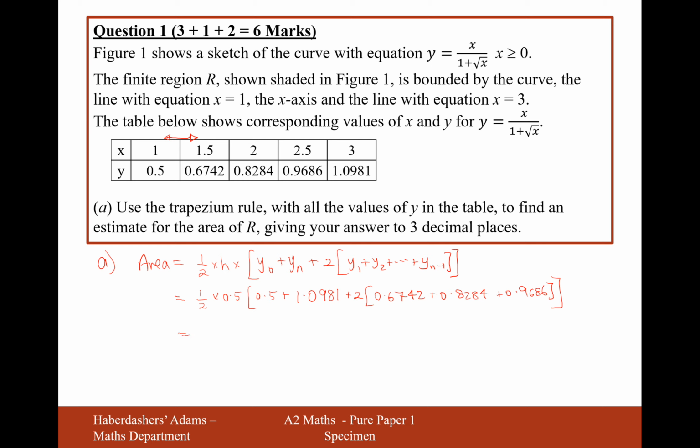Grab your calculator and you should get an answer of, let's just type it in quickly, and we get 1.635, that's to 3 decimal places.